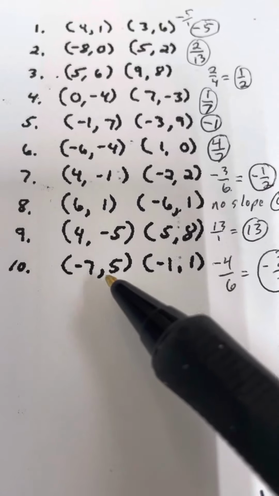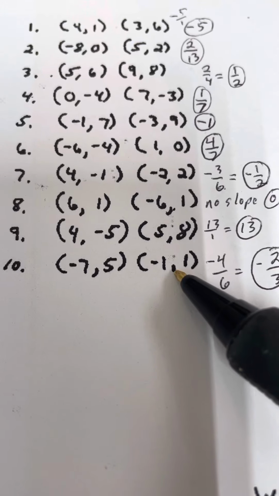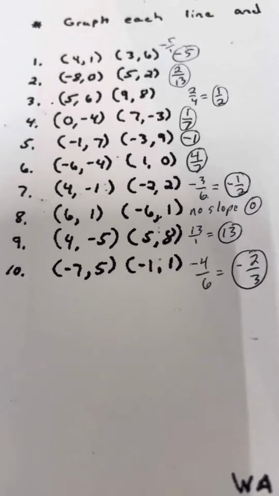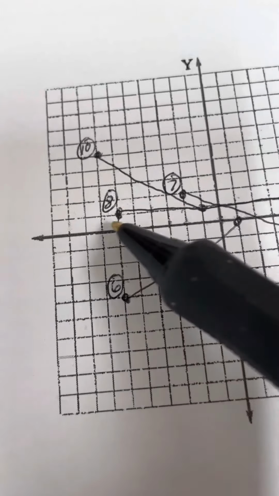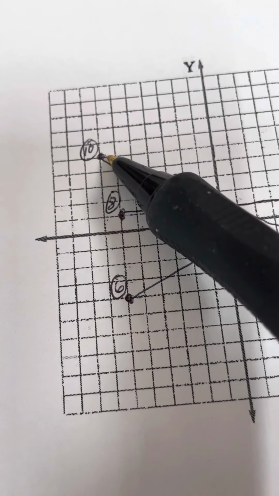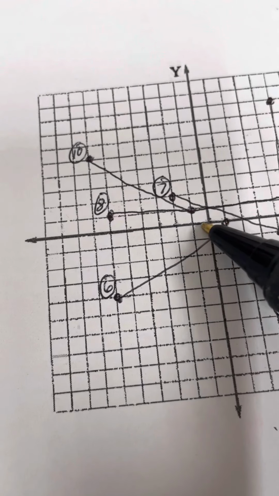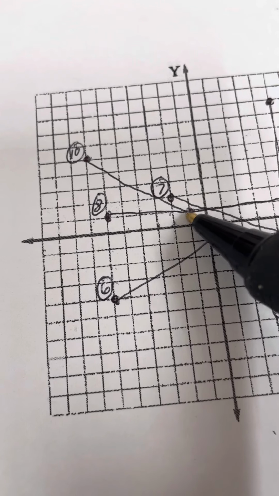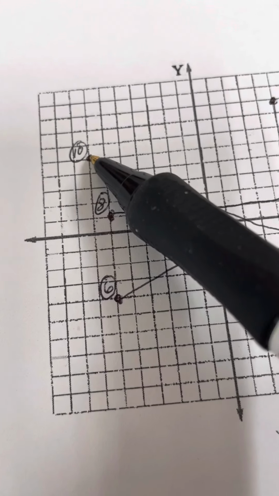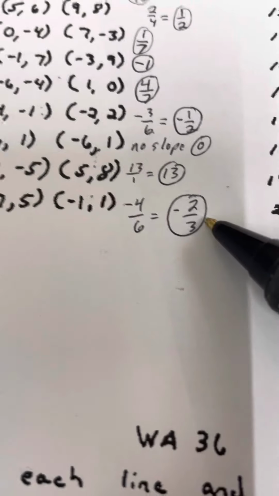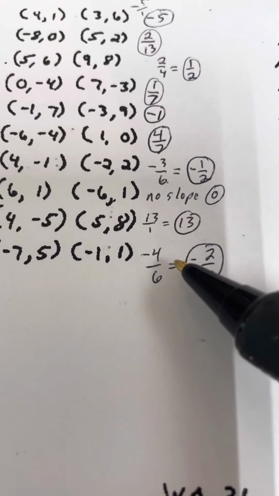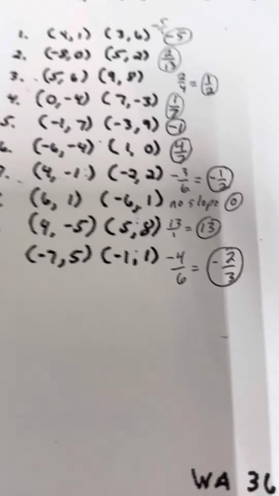And then number 10, I go to point -7, 5, and I go to point -1, 1. And so number 10, here I am. I'm at -7, 5, and then here is -1, 1. So I'm going down 4 over 6. Down 4 over 6 could be simplified if I divide the top and bottom by 2 to -2/3.